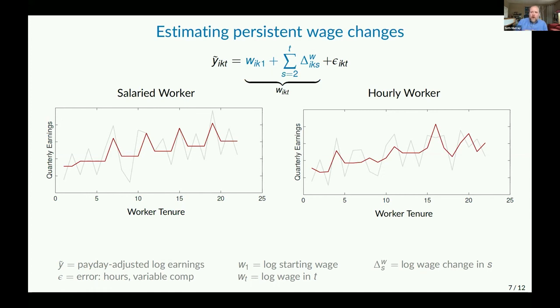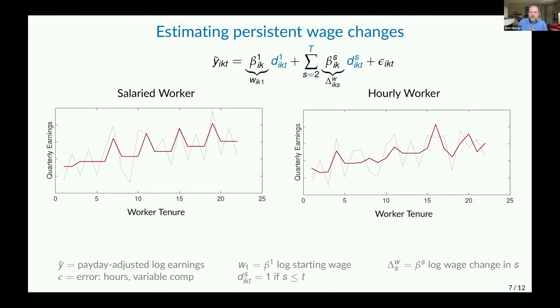What I now want to do is rewrite this in more of a regression format, something that's going to look more familiar to us from a regression framework. And what I do for that is I say, okay, if this worker has been employed for capital T periods at the firm, so that's the total tenure of the worker at the firm, I'm going to construct capital T distinct dummy variables. And these are the Ds, D1 through D capital T. And each of these dummy variables takes on a value of 1 if the current period t is equal to or greater than the period with which that dummy variable is associated.